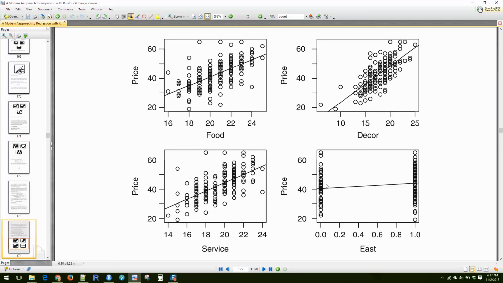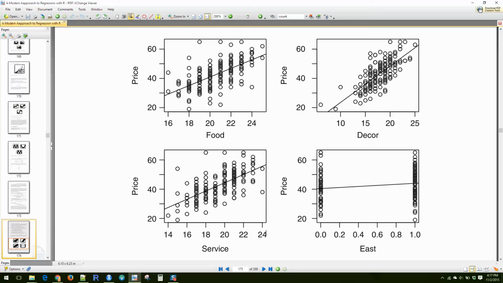There are other factors such as decor and service that affect price other than food. Yeah, so even though it looks like service and price are related, it turns out service is not significant.